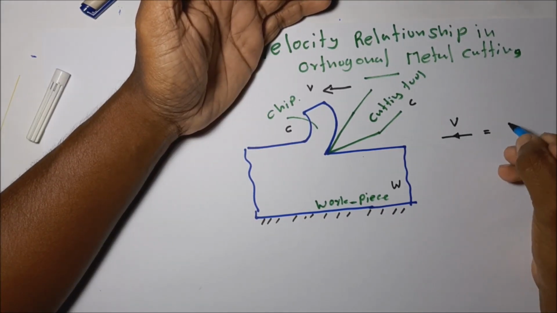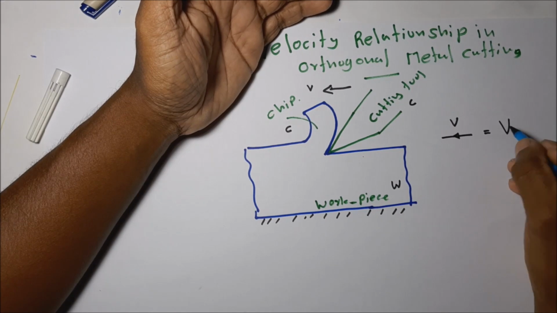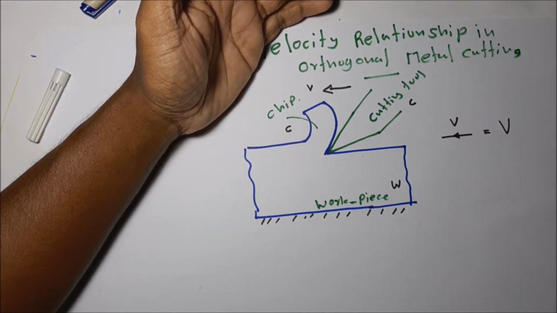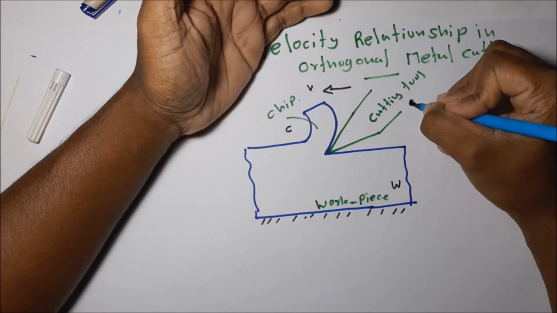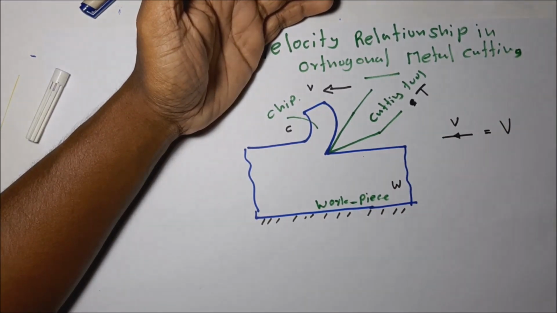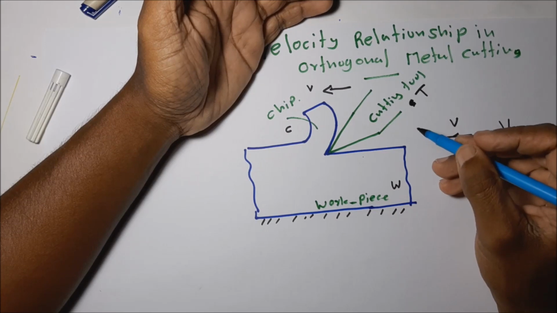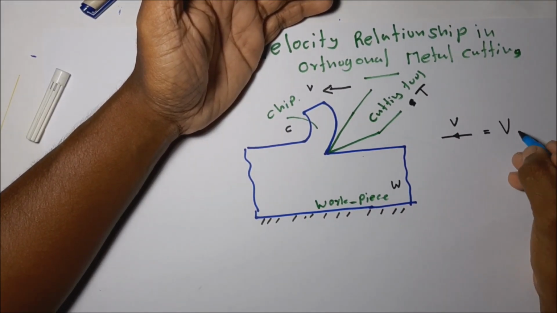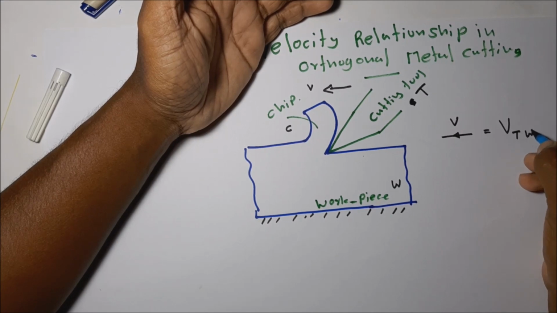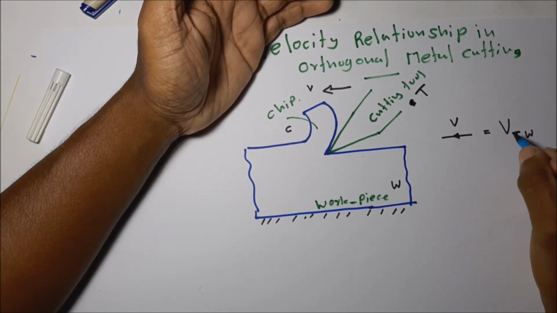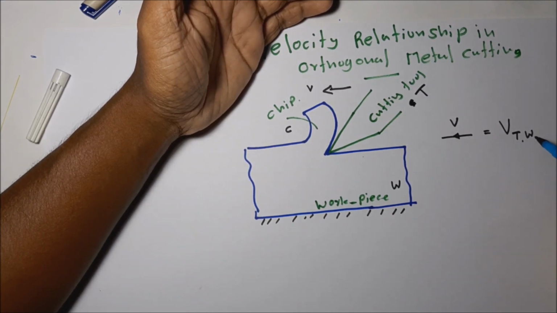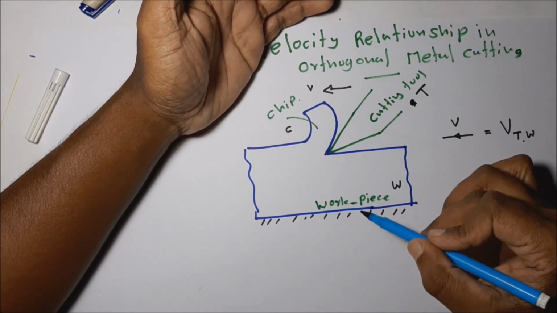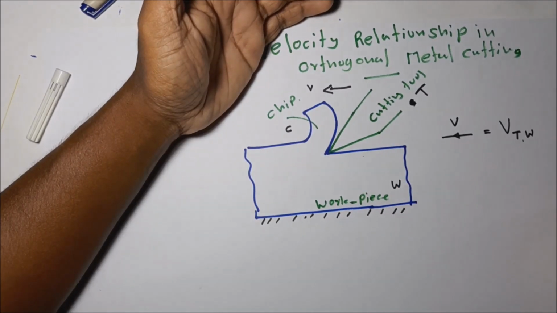It is called V, the velocity of the tool with respect to the workpiece. You are all familiar with this relative velocity notation. T means the cutting tool, W means the workpiece, C means the chip.